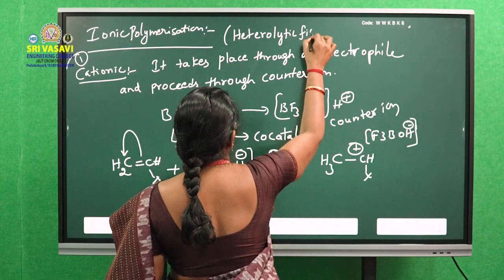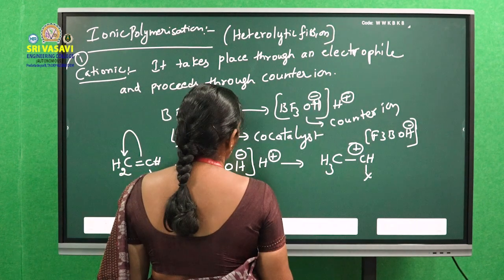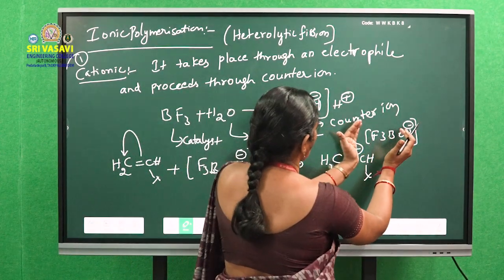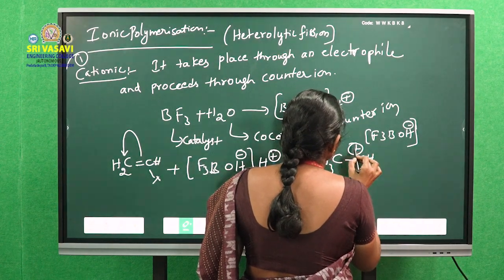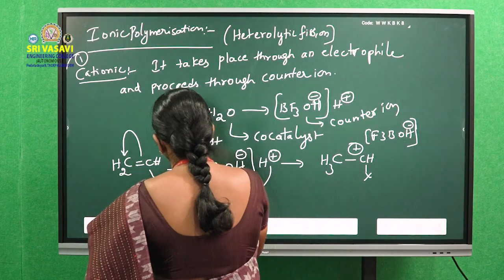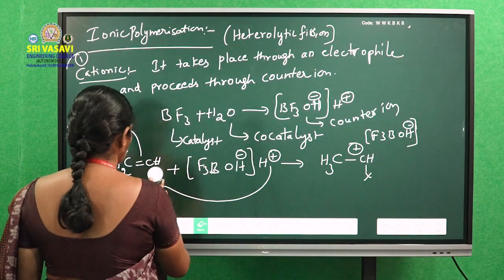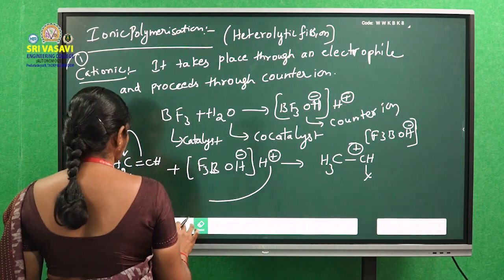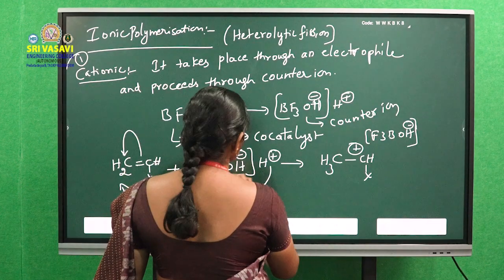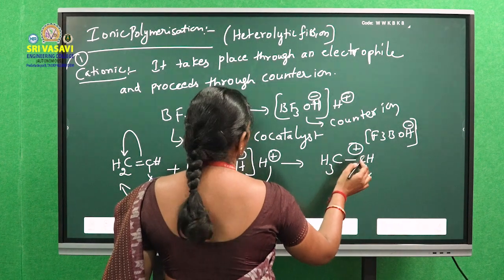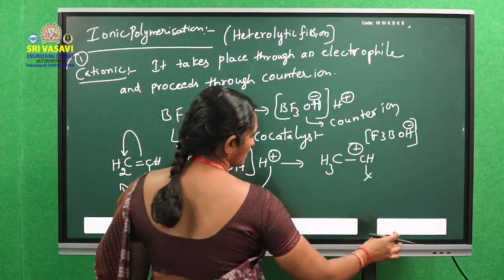Heterolytic fission takes place and we get a C plus, and the counter ion is at a distance from the C plus, there is no bond between them. The H plus is transferred here, therefore you get CH3, and this C plus charge is attracted to the minus, that is the counter ion. So this is the chain initiation.